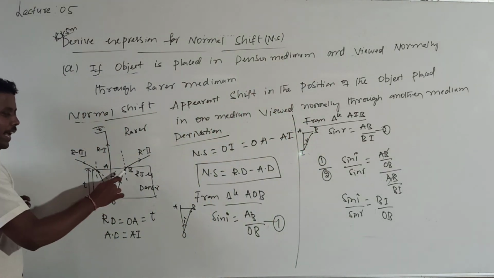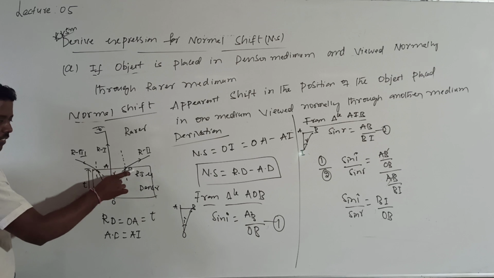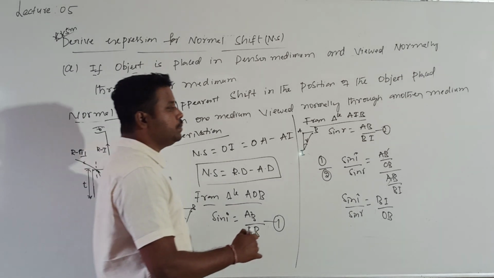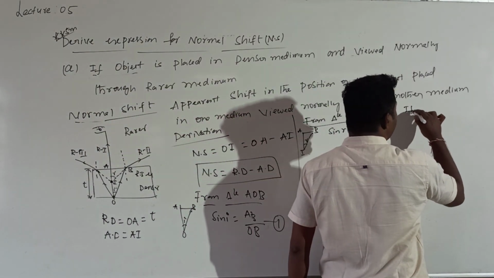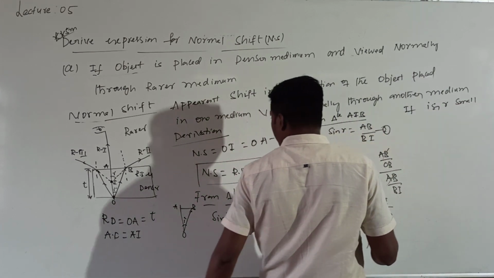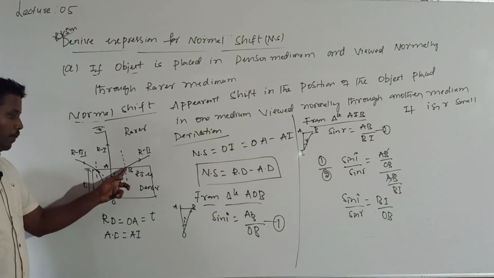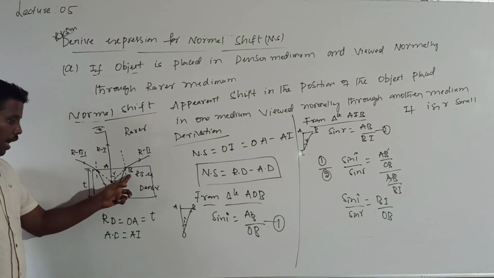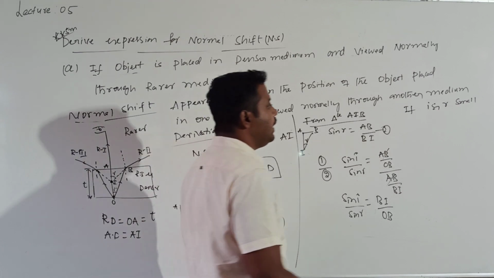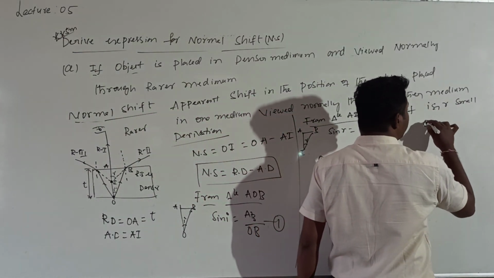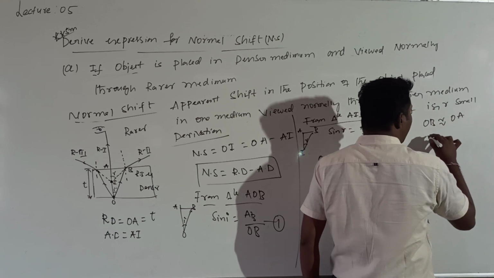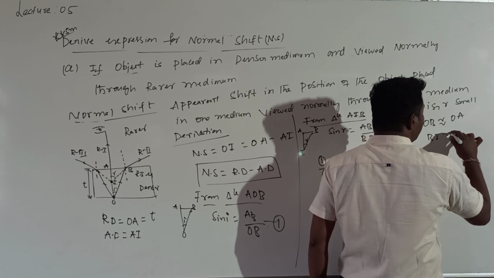If B is very close to A, when the light rays are incident and the values of i and r are very small, then OB is approximately equal to OA and BI is approximately equal to AI.